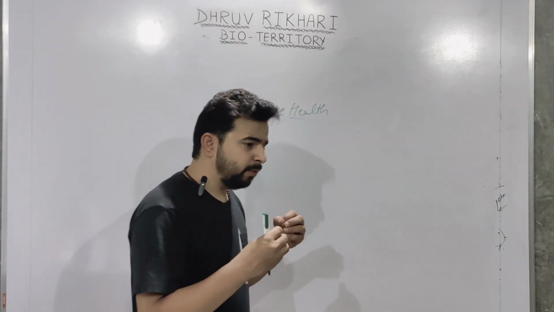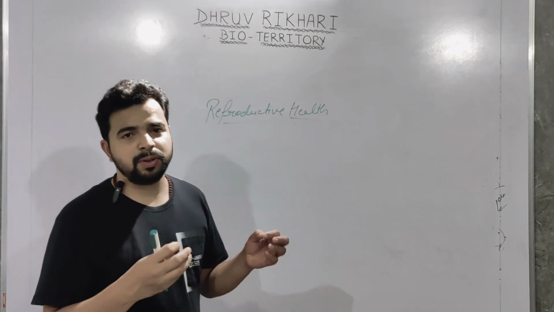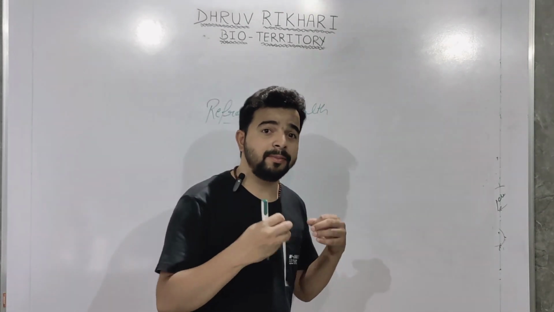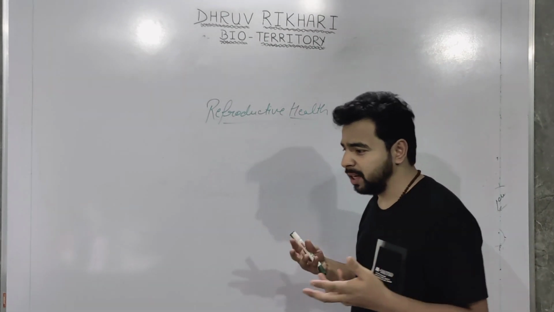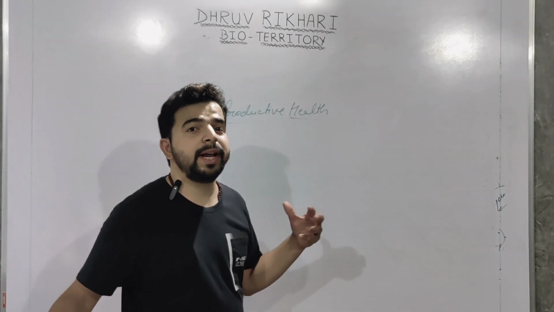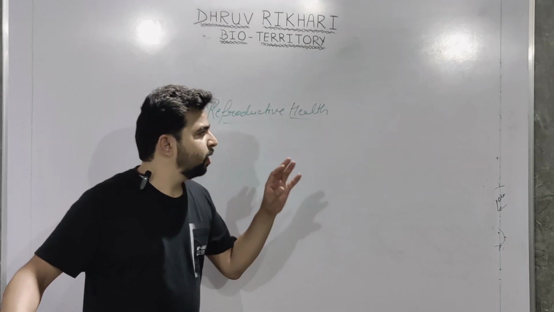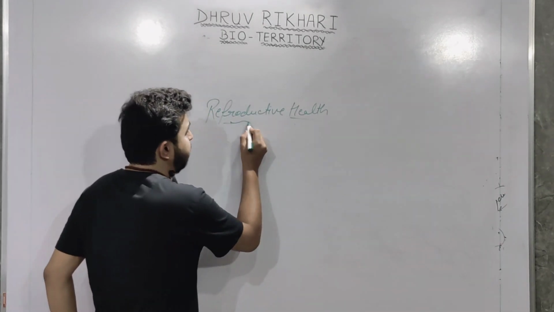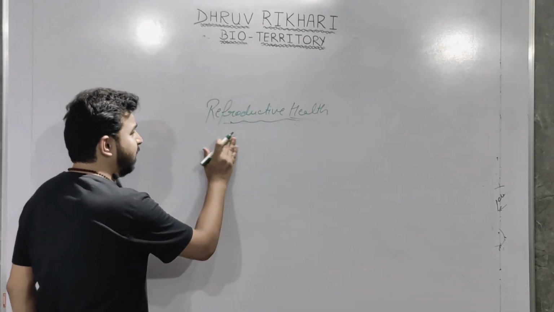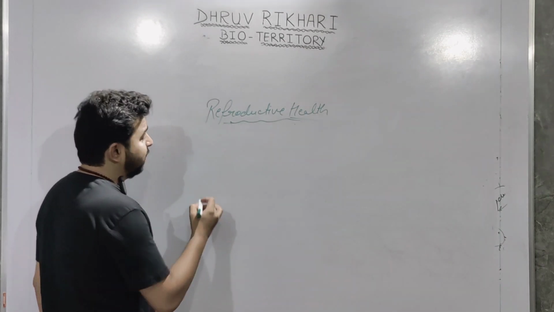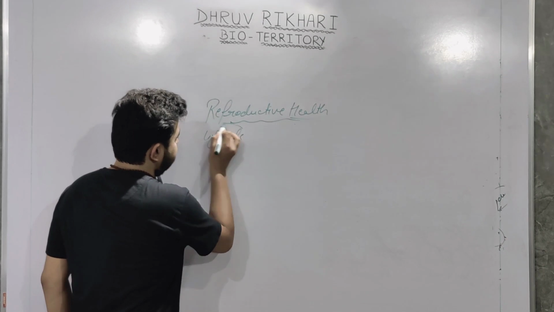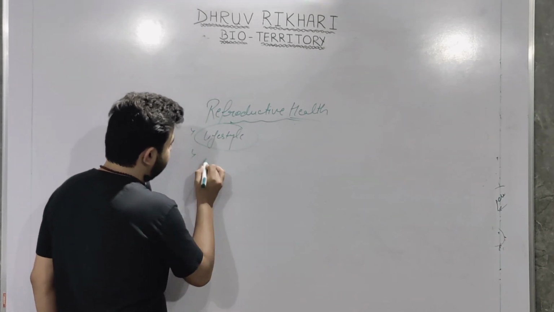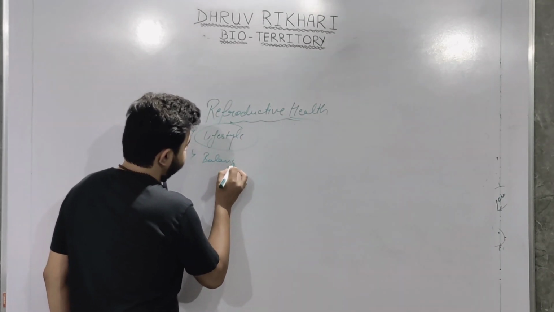So we should not get indulged in certain activities which can harm the proper stimulation of development and growth of our body. So reproductive health is very important. So what are the things that we have to consider for reproductive health? We have to focus on our healthy lifestyle. We have to focus on the balanced diet.